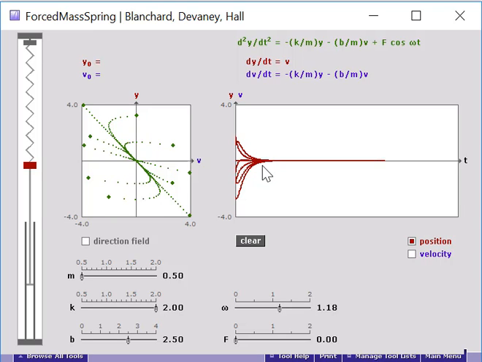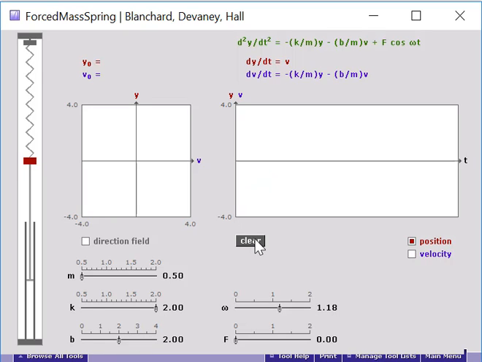Now, critically damped is when b squared minus 4mk is equal to 0. And that's going to happen when b is equal to 2. So I'm going to put this back at b equal to 2. Clear this, and now we get a repeated eigenvalue, so we get one straight line solution.